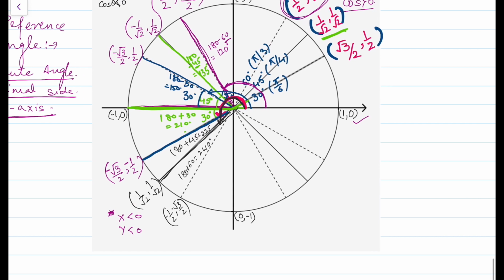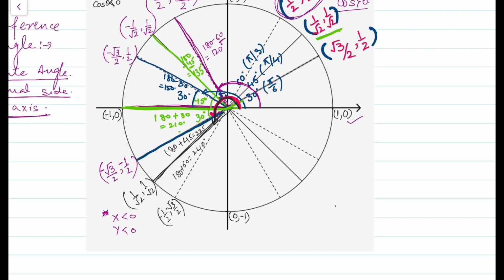Now the fourth quadrant. In the fourth quadrant we can see that the x-axis is positive, which means the cos value is positive, and the y-axis is less than 0, it's negative, so the sine values are going to be negative. Again, let's see the reference angle. The reference angle here is going to start from the x-axis, and that angle is 30 degrees as we know.